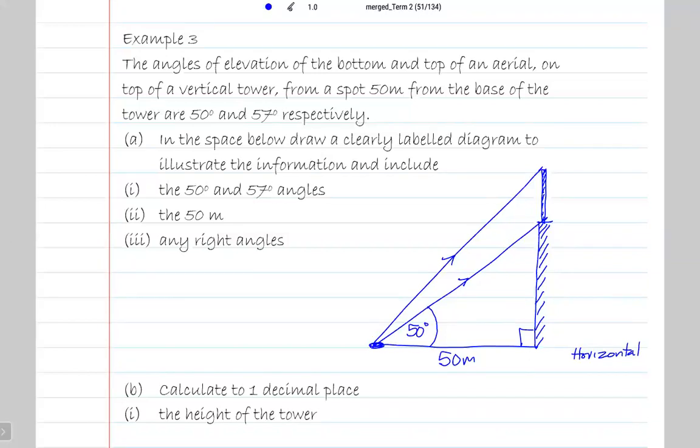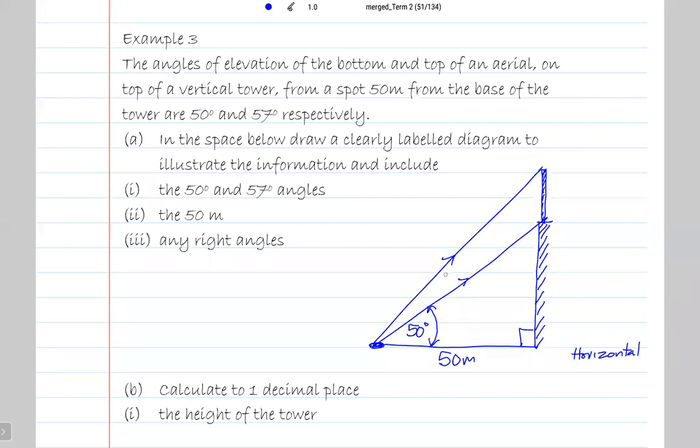And that is the angle of elevation of the base of the aerial. That is the angle of elevation of the bottom of the aerial. The person is at the spot looking at the bottom of the aerial. The 50 degrees, which is the angle between the horizontal and the line of sight, is the angle of elevation of the bottom of the aerial from the spot.